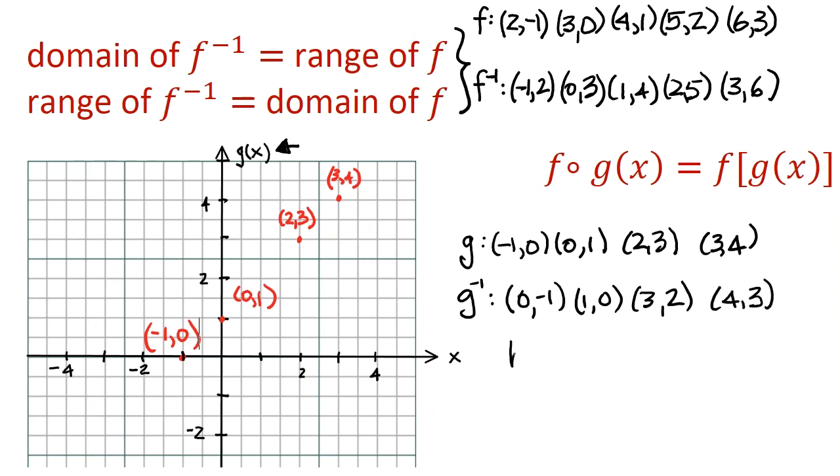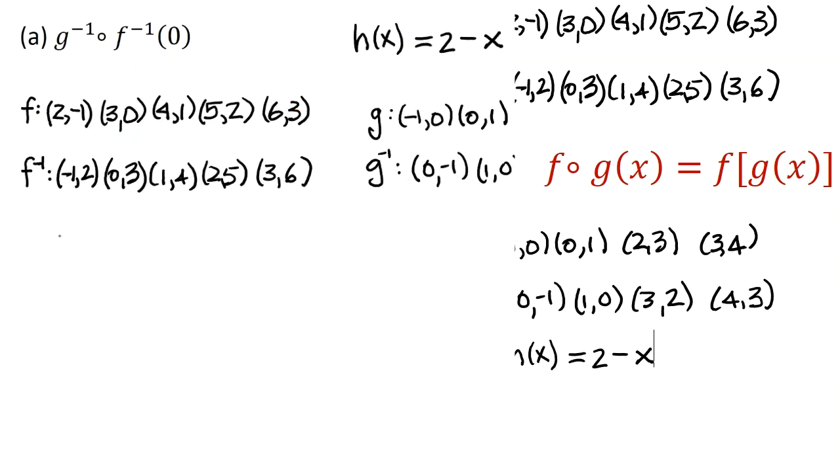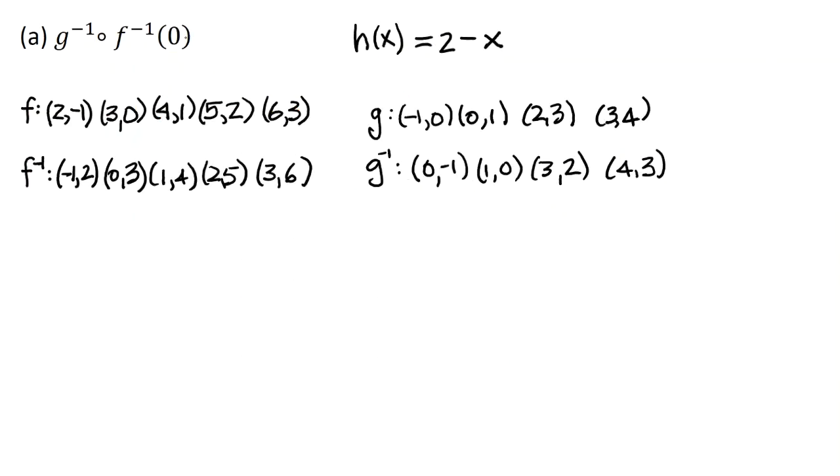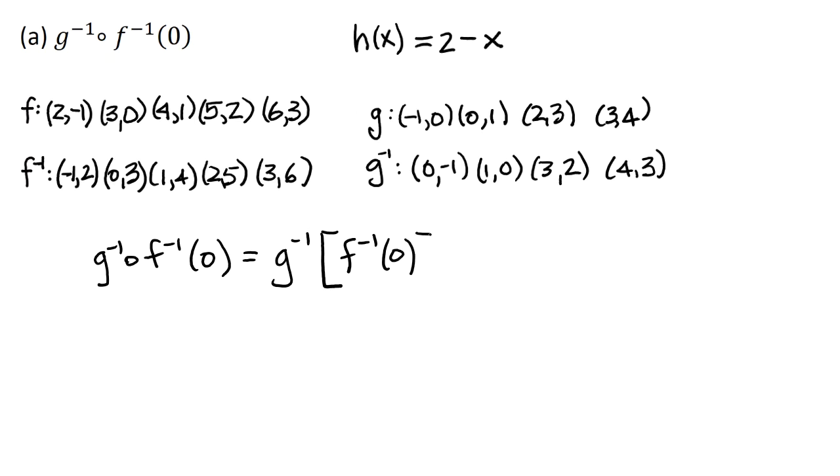And you may remember from the problem, h of x was just 2 minus x. So I actually have all the information I need now to answer the questions. I'm working on A, g inverse composed with f inverse of 0. So that is g inverse, and I'm going to feed in f inverse at 0.